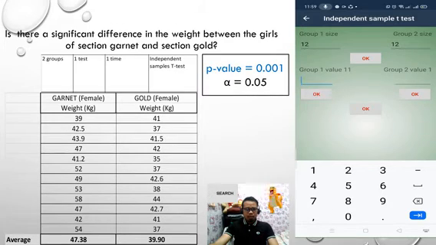Okay, the 11th value is 42, and the last value is 54.